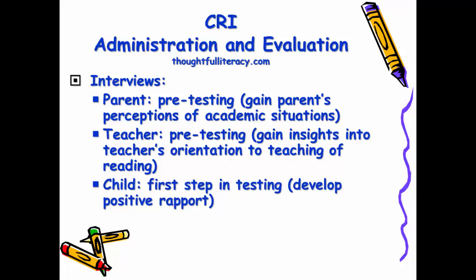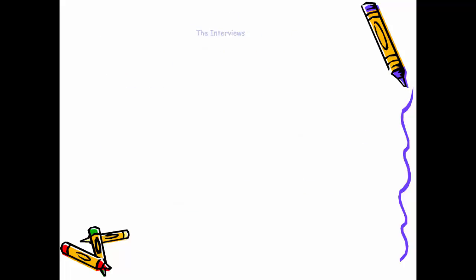And finally, the child interview. You need that as a tool to have positive rapport. If you're a reading specialist, this student is probably not going to be very familiar with you, so you want to create good rapport as soon as you can.